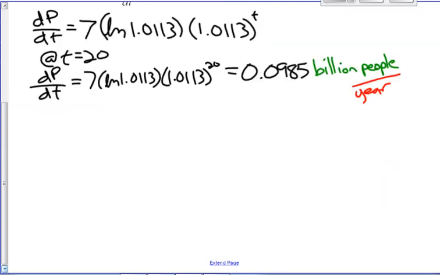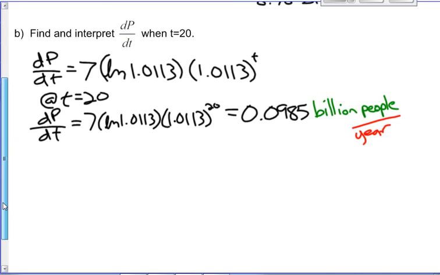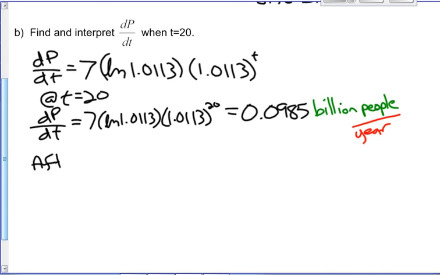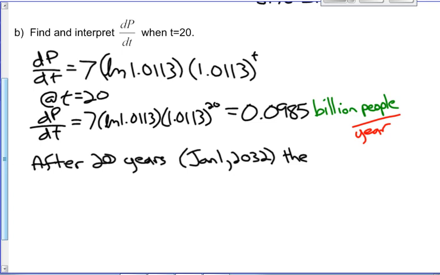So what this is saying is that after 20 years, and again, that means January 1st, 2032, the population is increasing at a rate. Slope is a rate of change.